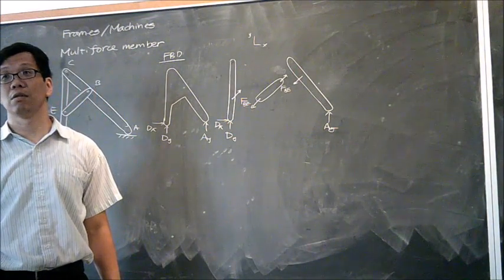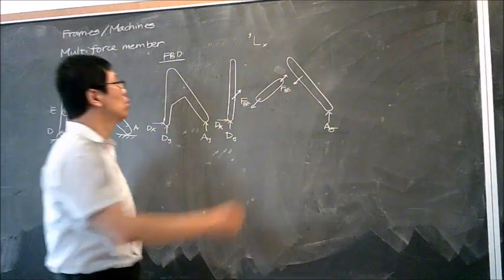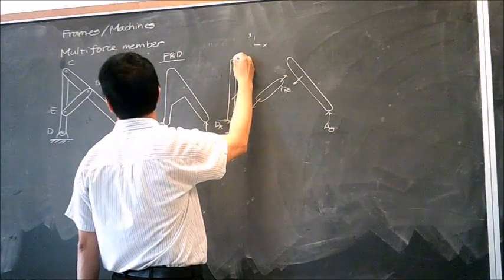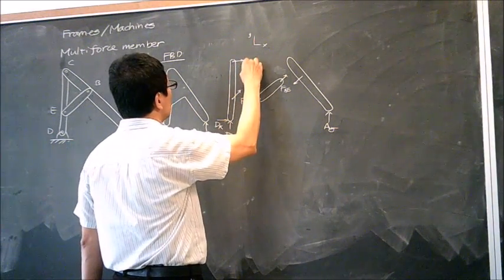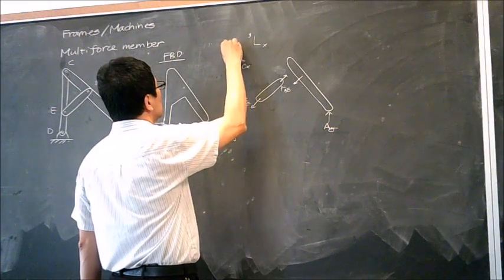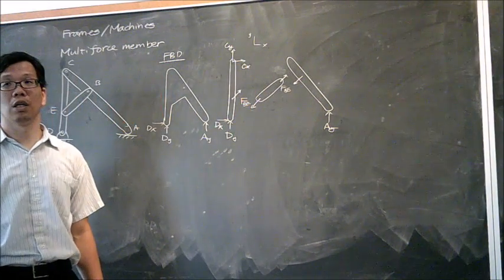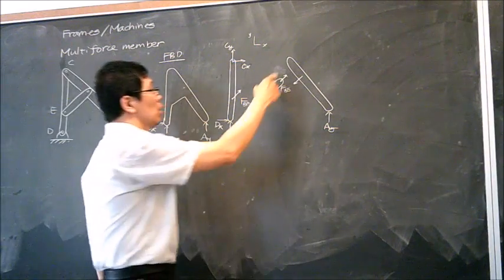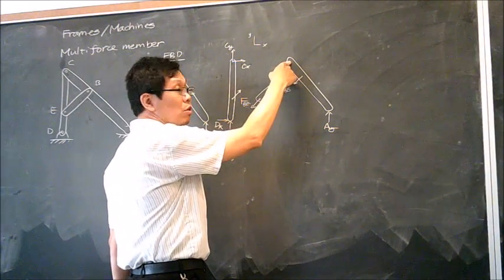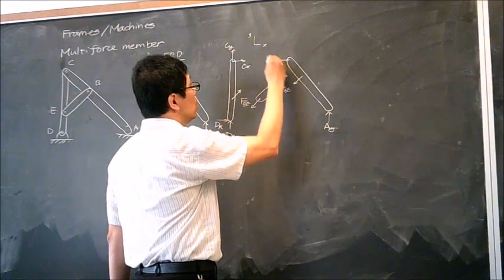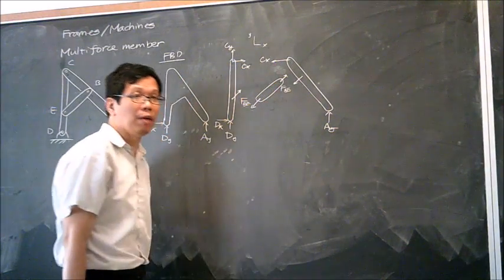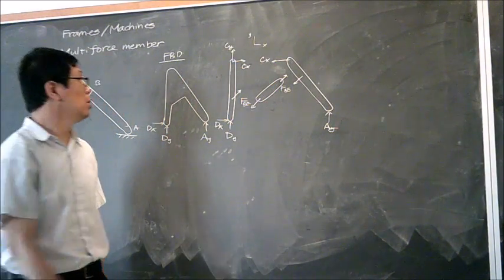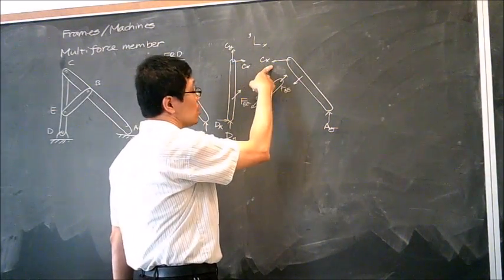Make sense? So what do we do? We need to decouple everything into Cx and Cy over here. How about the other side? Newton's third law tells us in order to keep everything 0, you must have opposite direction, same magnitude.